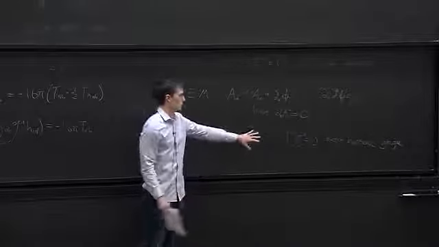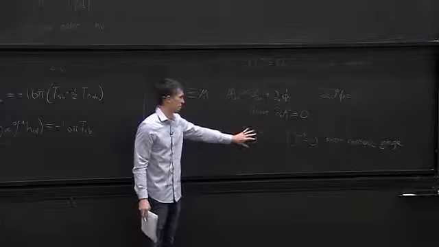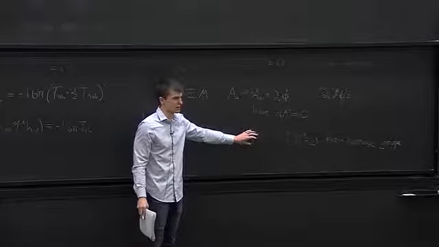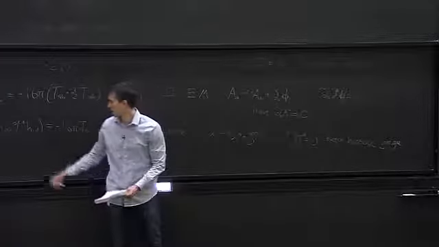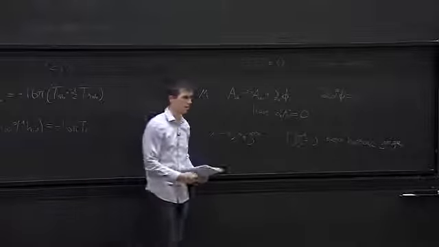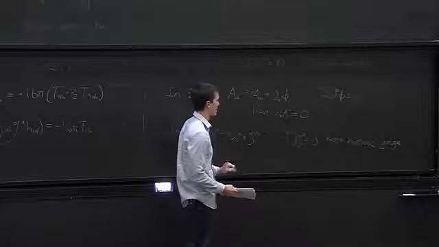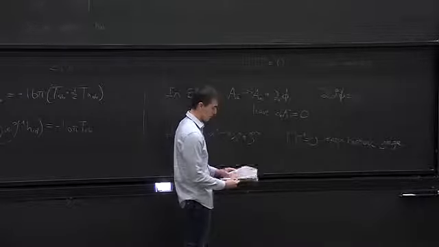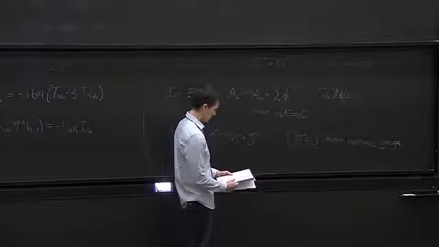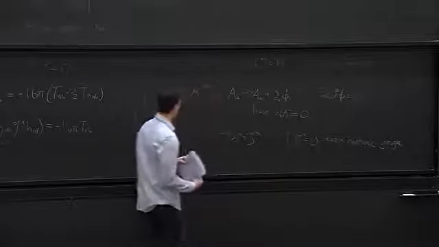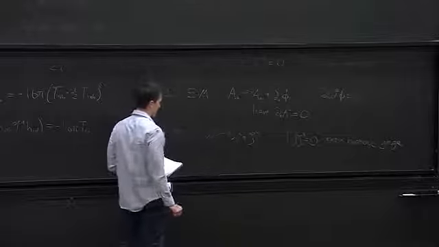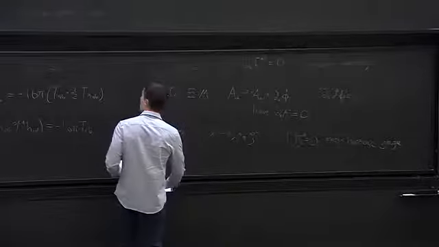And of course, we don't want this extra coordinate transformation to be large so that it'll take us away from our flat space metric. So just an infinitesimal coordinate transformation. So we'll use those extra degrees of freedom in a second.